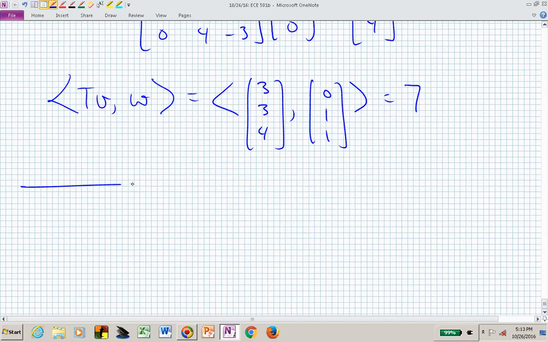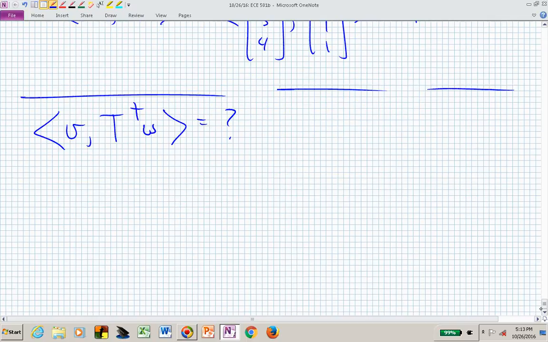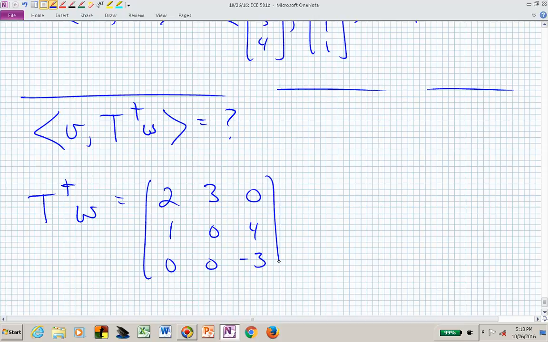And now let's go the other direction. Let's look at what happens if we took V and took the inner product of that with T dagger W. Our T dagger, and now I'm maybe abusing notation, that's really the matrix representation of T dagger, is 2, 3, 0, 1, 0, 4, 0, 0, minus 3. W was 0, 1, 1. Again, this pulls off the second and third columns added together, and I have 3, 4, minus 3.